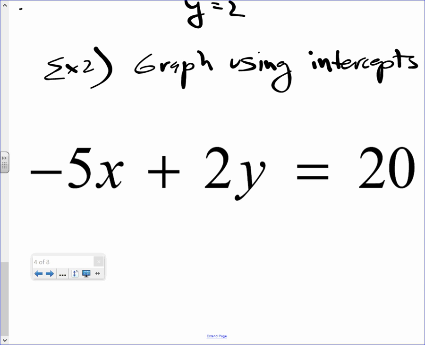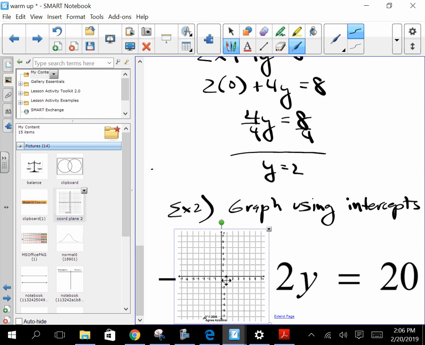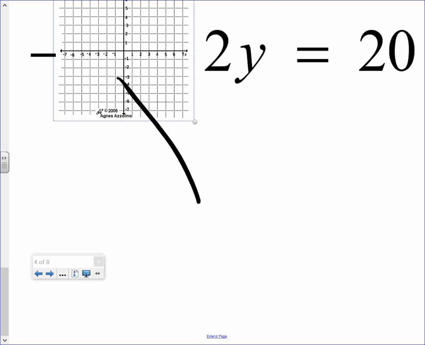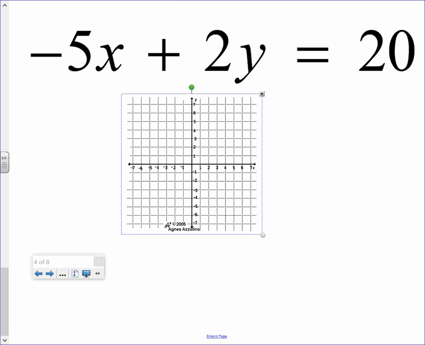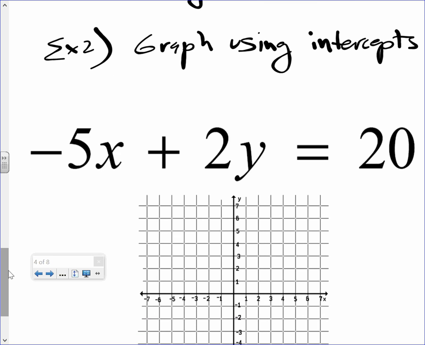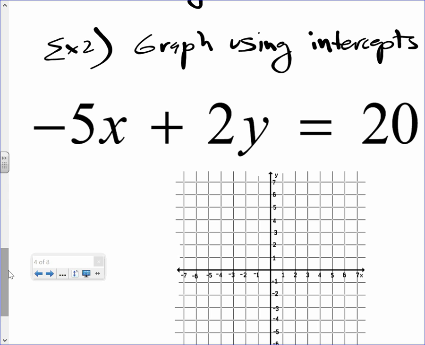Negative 5x plus 2y equals 20. Let me get a coordinate plane going. You might want to too because we're going to graph anyway. Let me get that ready. So far, so good. Let's graph this puppy.